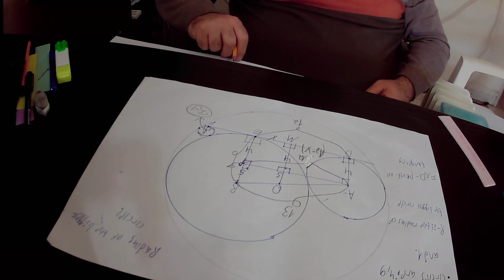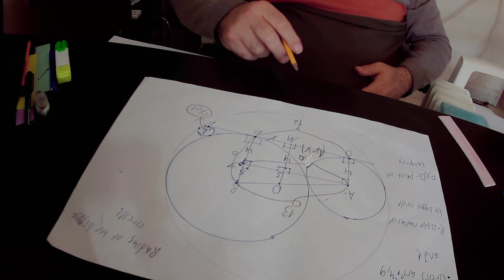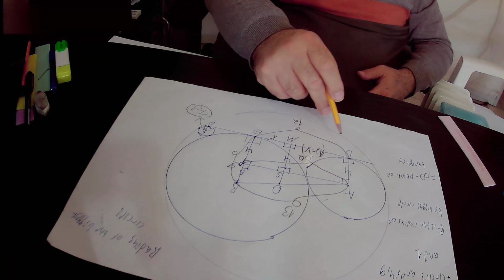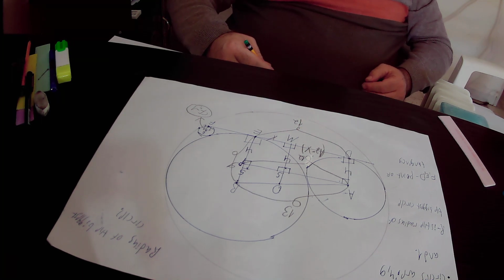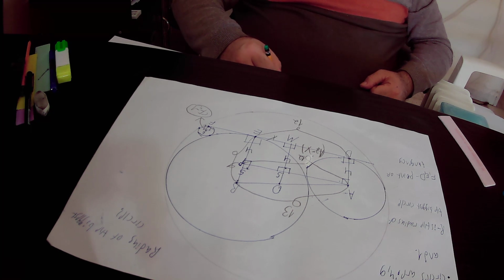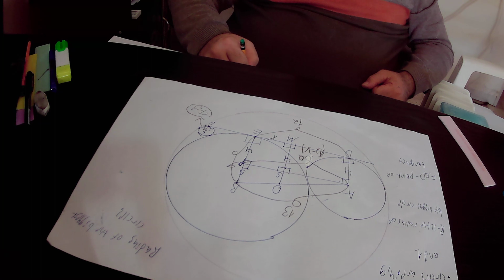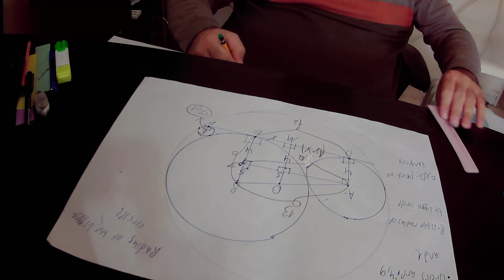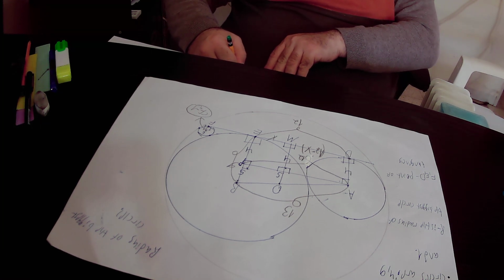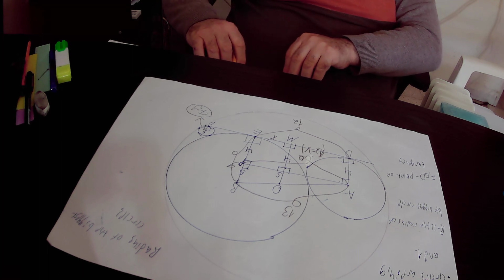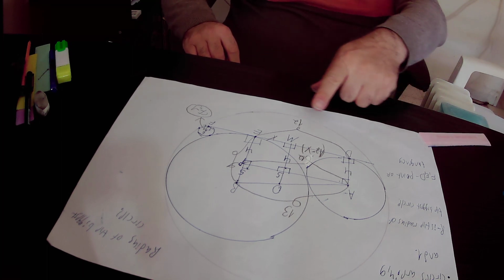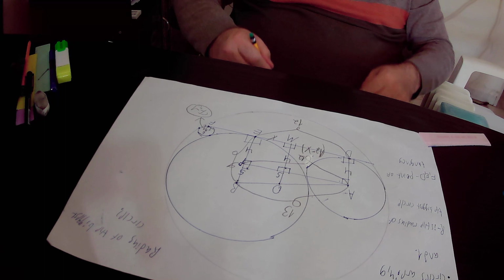And because quadrilateral ASDM is a rectangle, in rectangle ASDM the opposite sides are equal to each other. That is to say, DM is equal to AS.